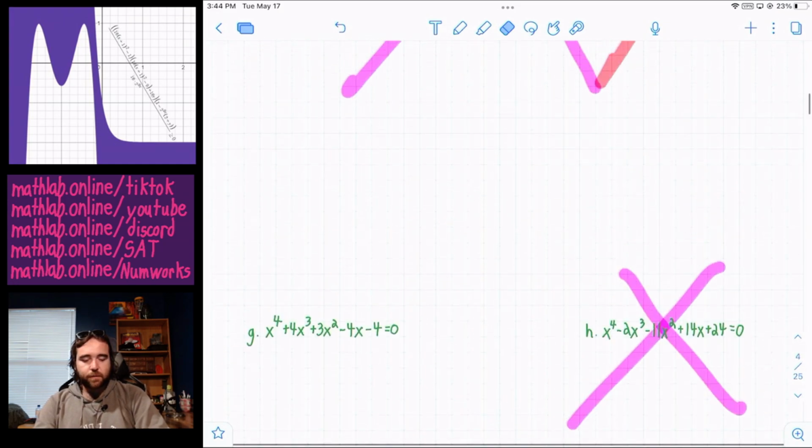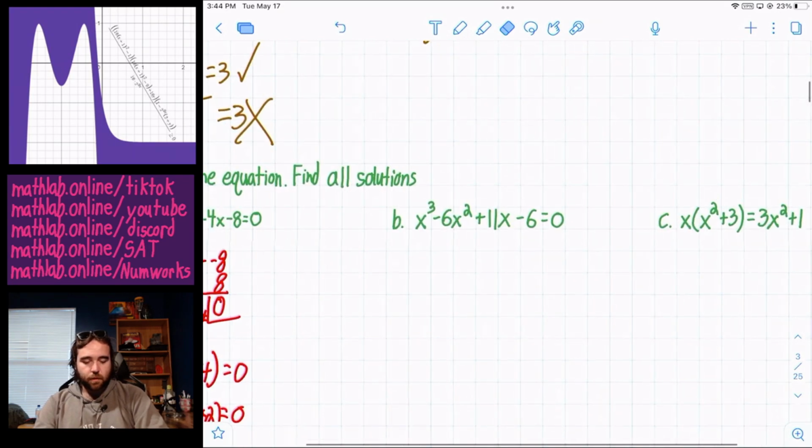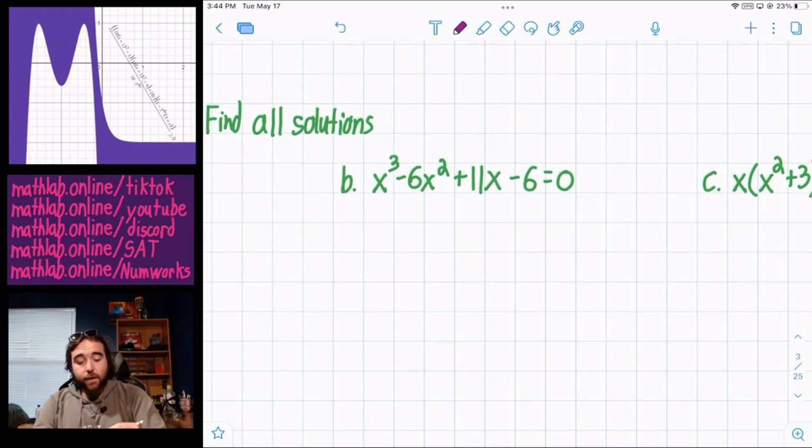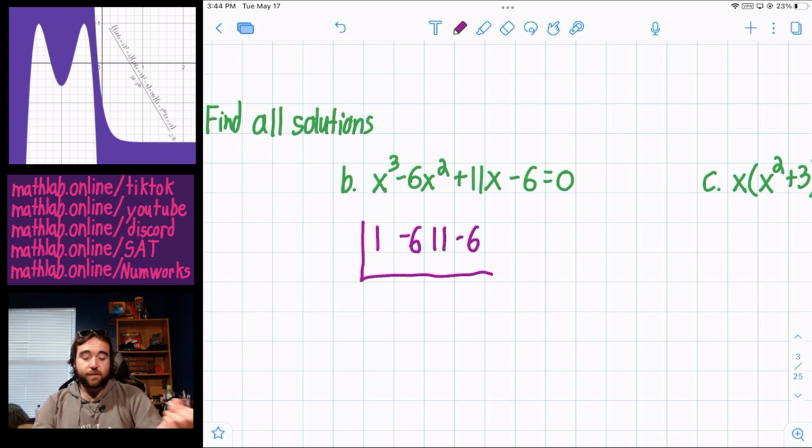All right, so let's keep going. Let's do number 3, B. So we got to do synthetic again. Remember the trick: if they all add up to 0, then 1 is a solution. In this case, that happens. So we know that 1 works. So we drop the 1, times 1, add, -5 times 1, add, 6 times 1, add.